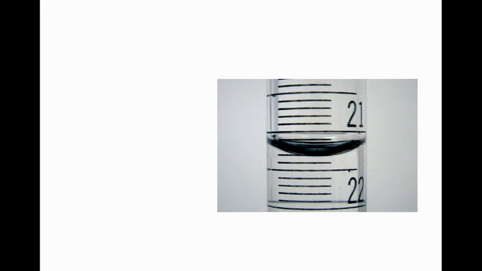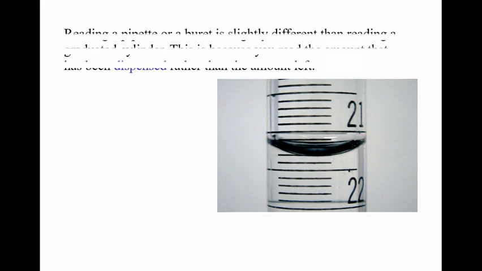Burettes are going to be measuring how much volume of a liquid is dispensed. So you're really measuring what's missing out of the burette instead of how much liquid the container holds. So in this case, notice that the 21's on top and the 22's on bottom because we're measuring how much is already gone. So my measurement better be between 21 and 22.